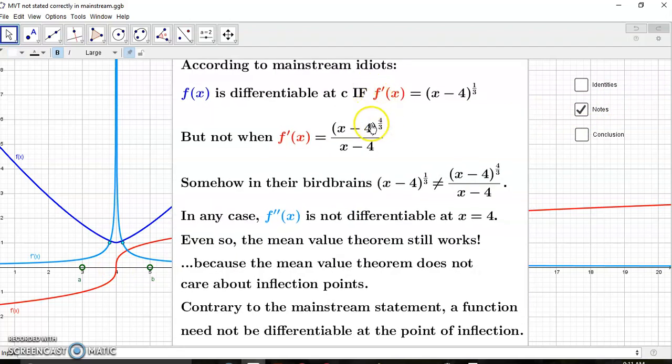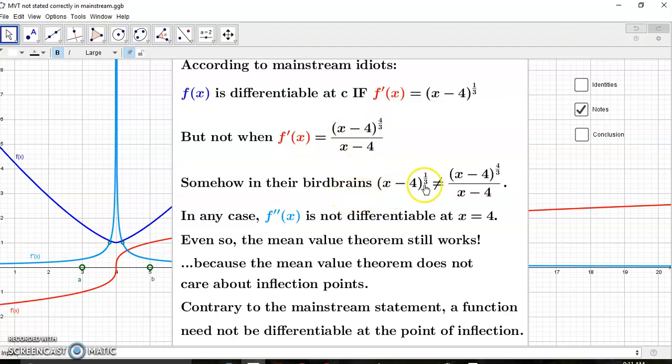According to mainstream mathematics academics, who are mostly idiots, f of x, this blue function, is differentiable at c, this point here, if f prime of x is equal to this expression, x minus 4 to the third, but not when it's equal to x minus 4 to the 4/3 divided by x minus 4.